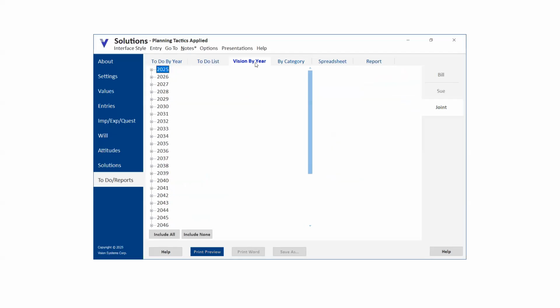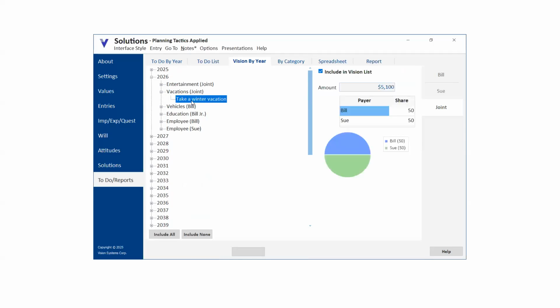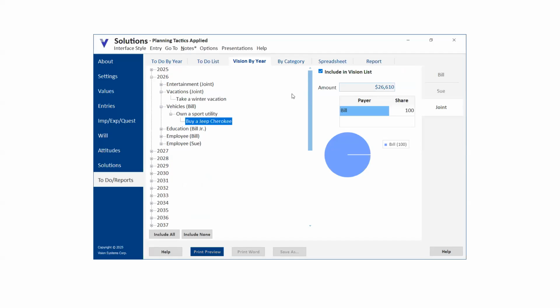And then if we go to the to-do by year tab, again, we'll jump past 2025 and add things like take a winter vacation, buy a sport utility vehicle, and so on. I always recommend to-dos for maybe a couple of years in the future. Anything beyond that is kind of in the uncontrollable future. Next couple of years, we have more control.